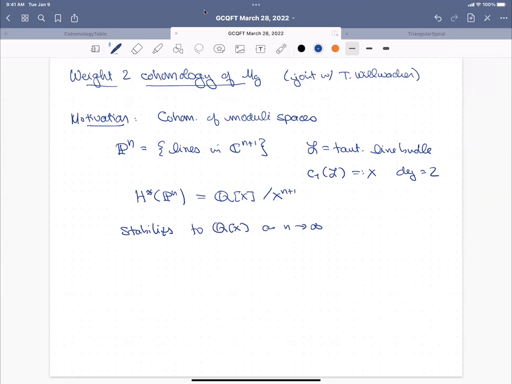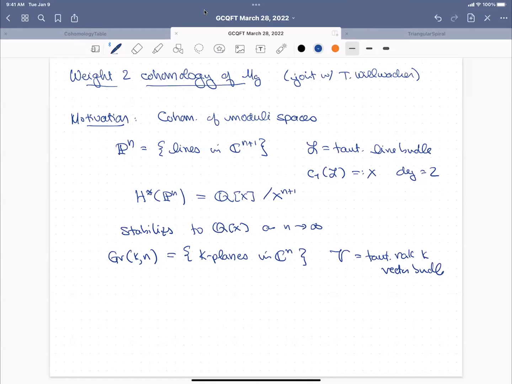And the next moduli space one could think of is the Grassmannian. So this is the set of k-planes, so k-dimensional subspaces of C^n. And this has a tautological rank k vector bundle. So the fiber over a point is that subspace, and this has its Chern classes.